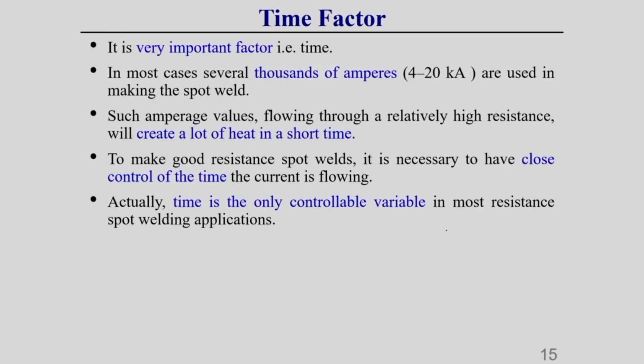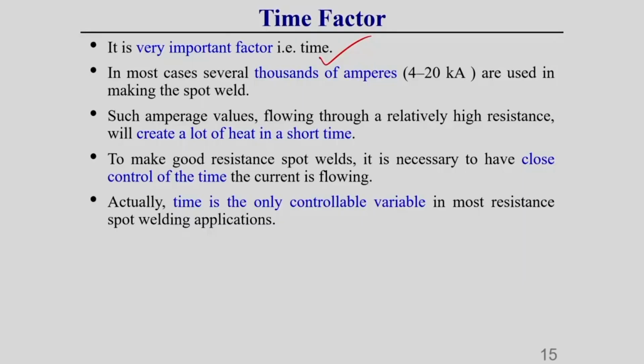Here the most important process parameter is the time factor, because in resistance spot welding the current value varies from some 1000 to 10,000 or 20,000 ampere. For this much current, if there is an imbalance of the time factor, our welding can be defective.